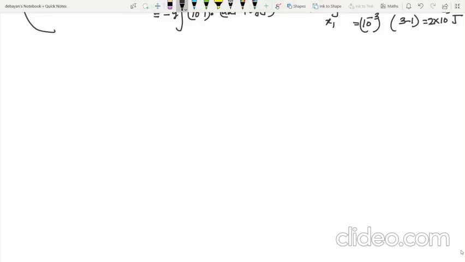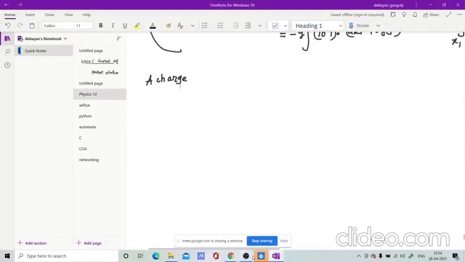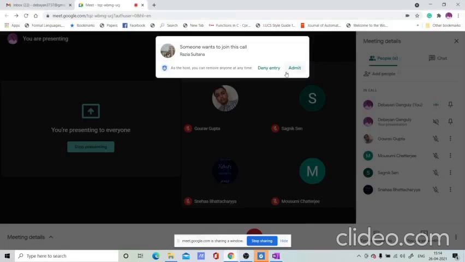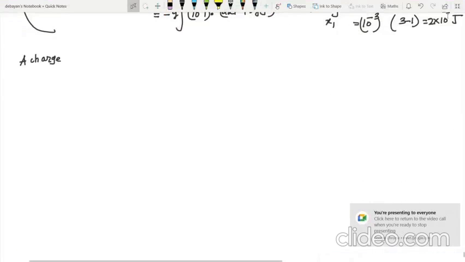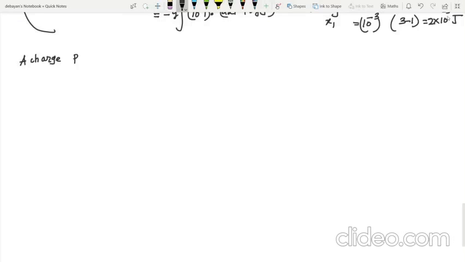So the thing is that, the question is a charged particle. A charged particle, that is q equal to minus 3 microcoulomb, say is carried along OP.